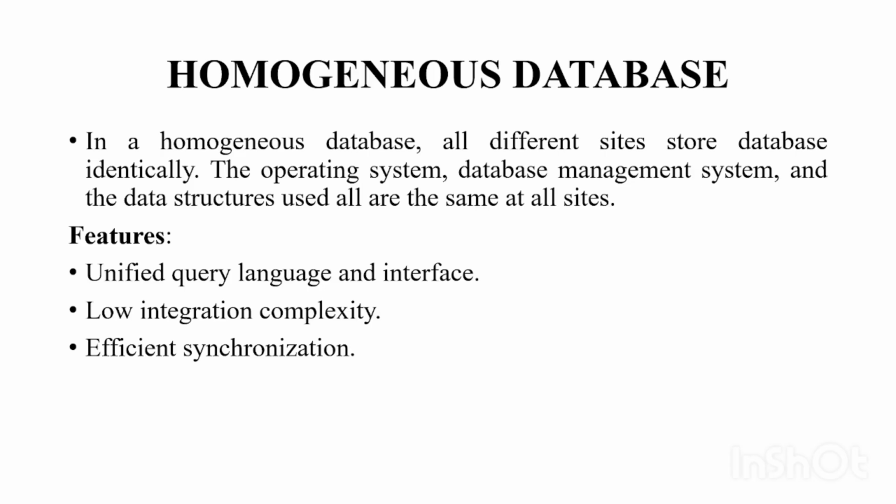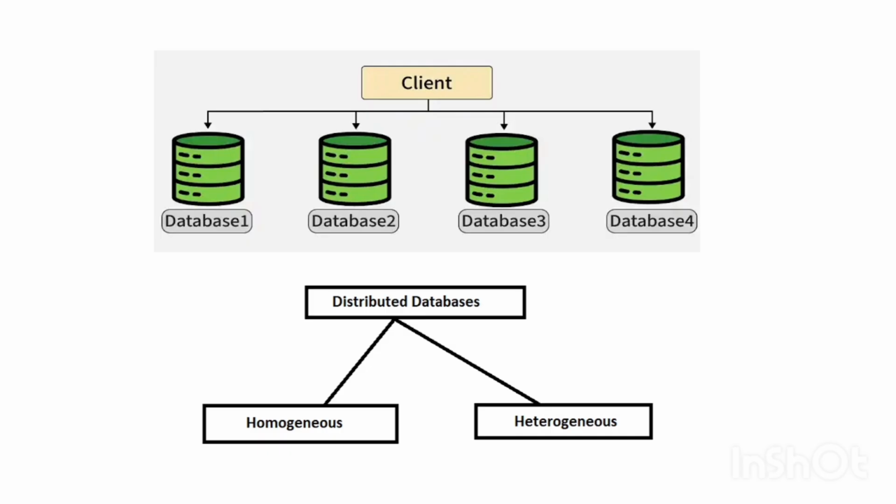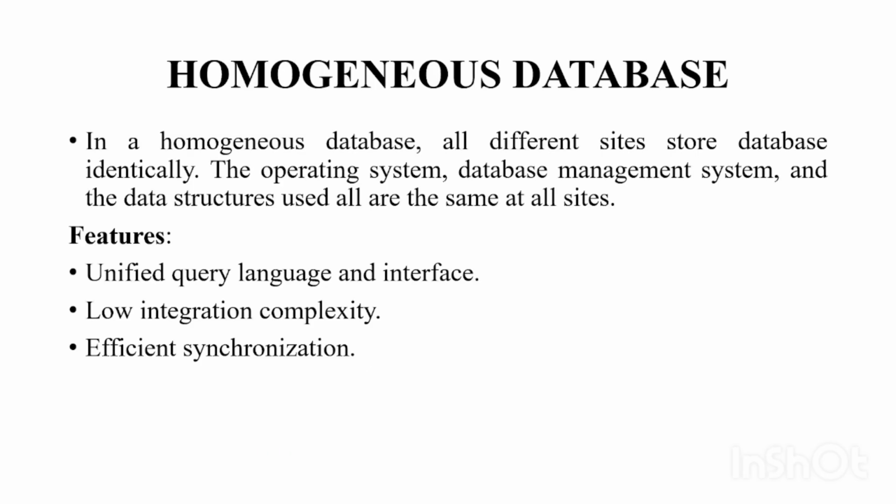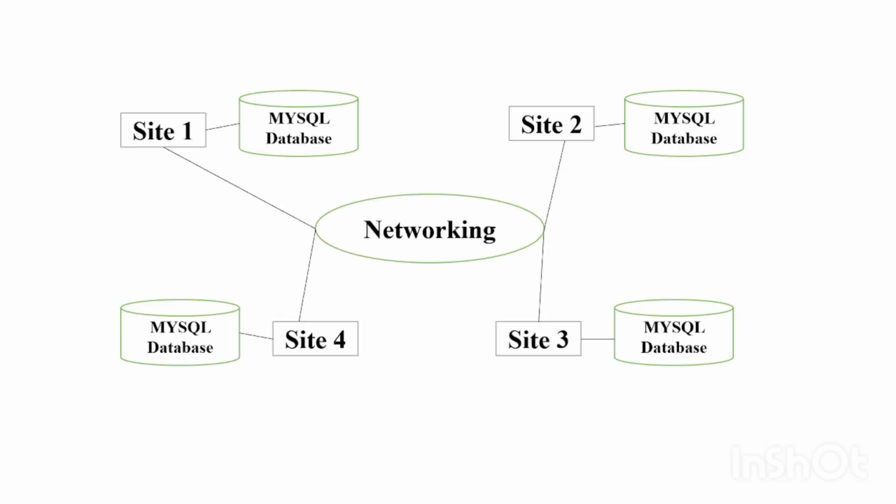Next, the distributed database is mainly divided into homogeneous and heterogeneous. Homogeneous means all computers use the same database system, and all follow the same rules, same format and same structure.